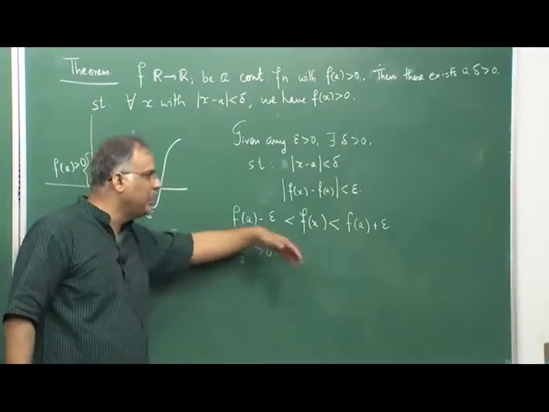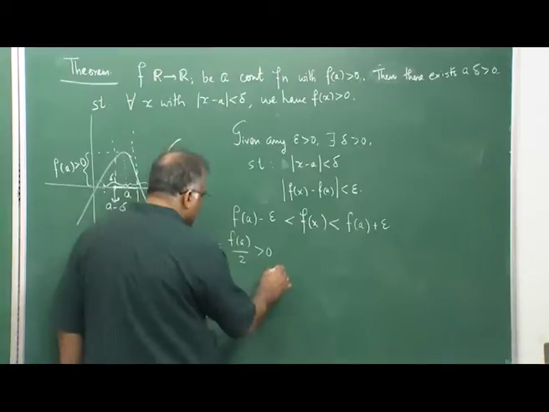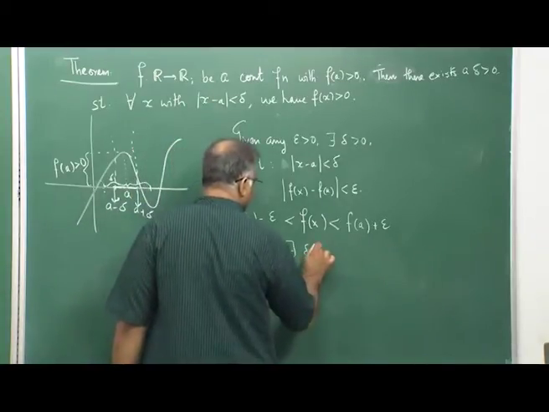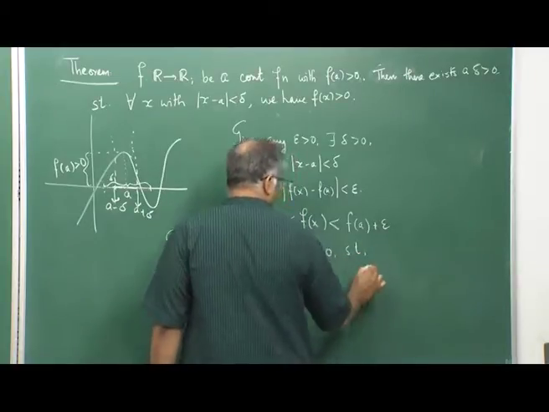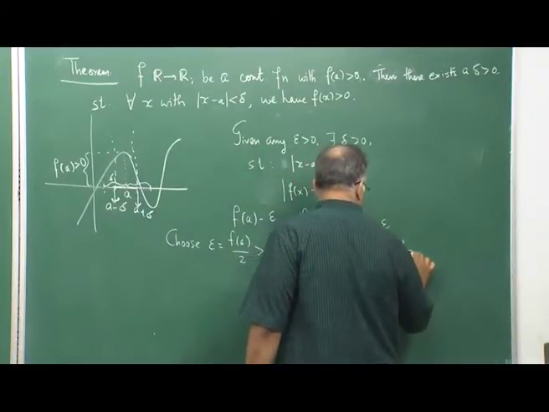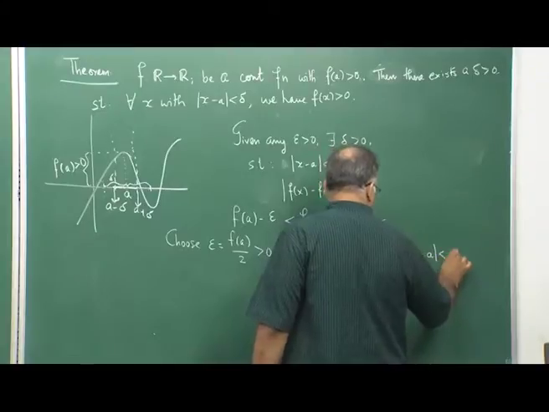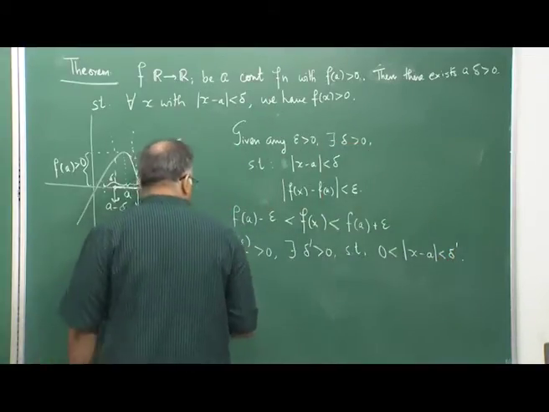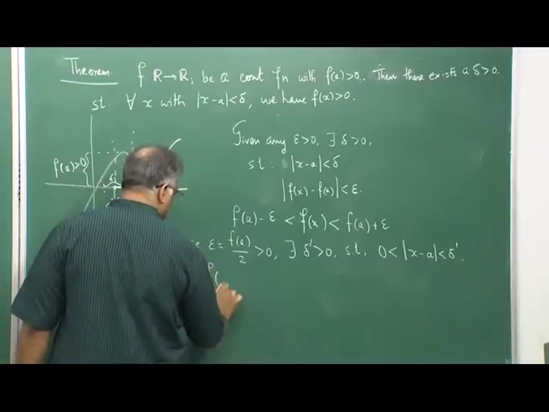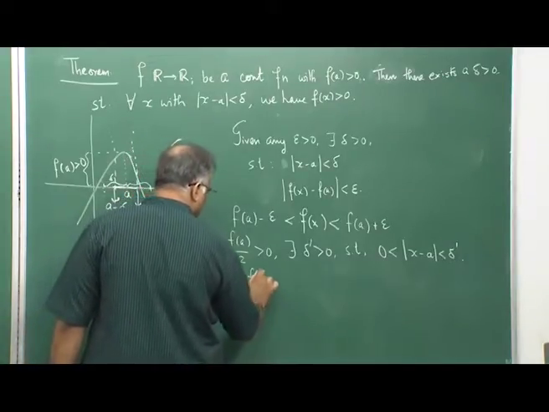Corresponding to this epsilon there must be some delta. So, there exists a delta dash, say, such that whenever x minus a is in the delta dash neighborhood, I would have the following to be true.